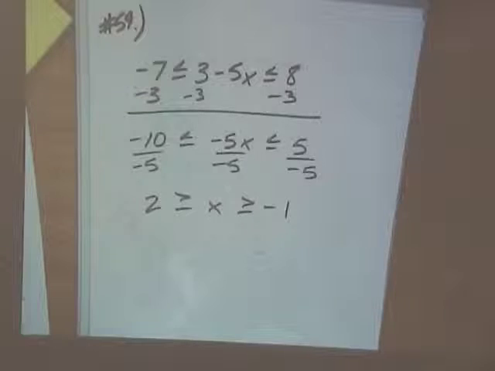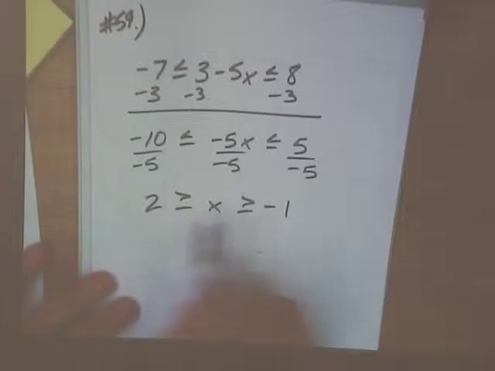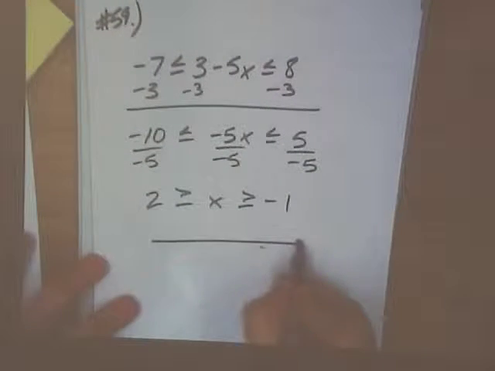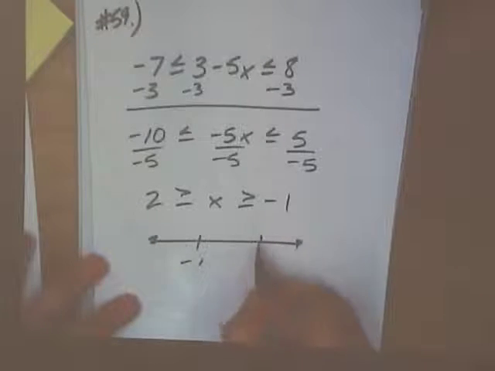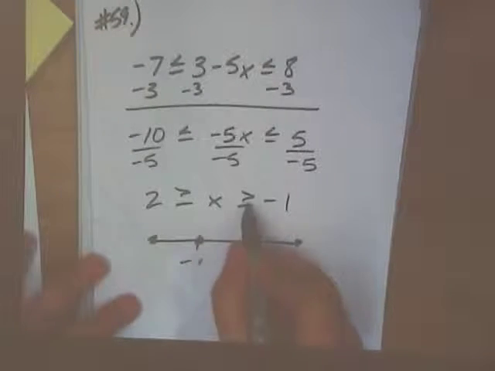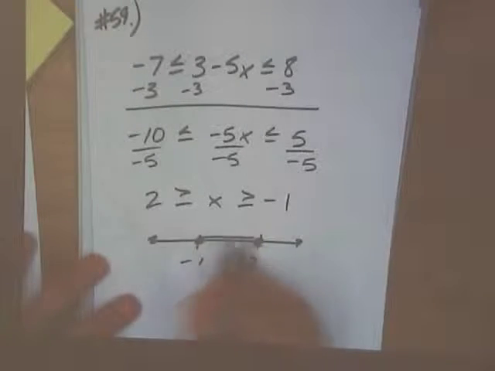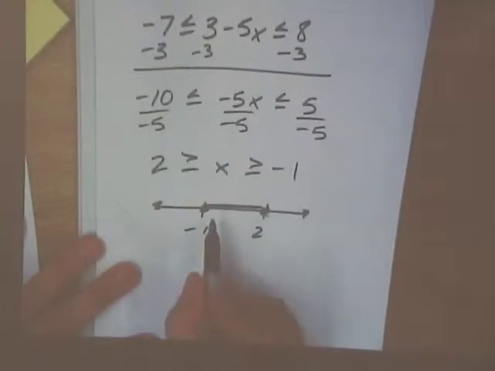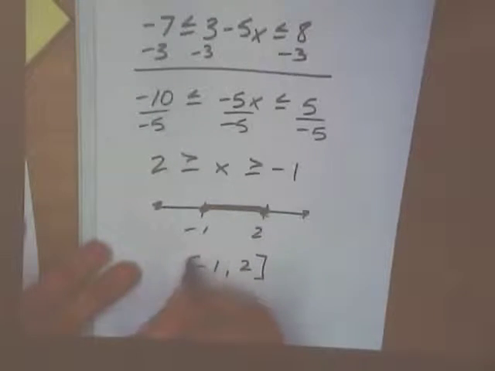So basically x is in between 2 and negative 1. Greater than the negative 1, but less than the 2. So it's everything in between, or it's negative 1 to 2, including both.